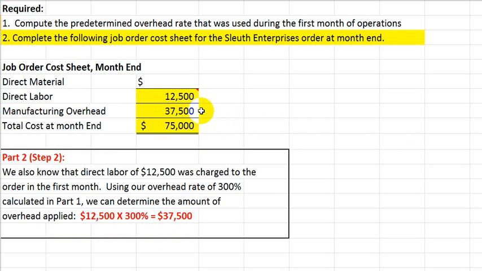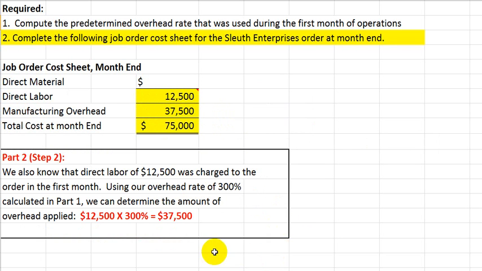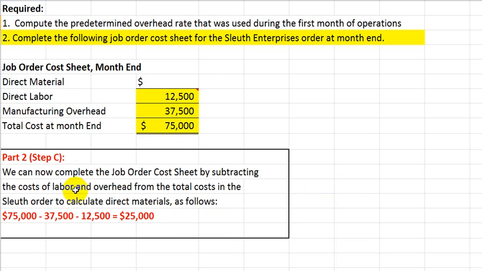So now we have two parts of the cost sheet: the $37,500 of manufacturing overhead and the $12,500 of direct labor. Now the only thing we need to do is calculate the direct material. Again, using the concept of working backwards, let's move to the third part of this.